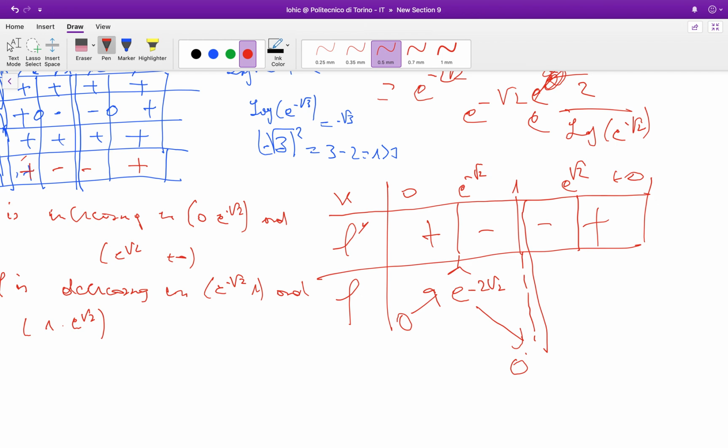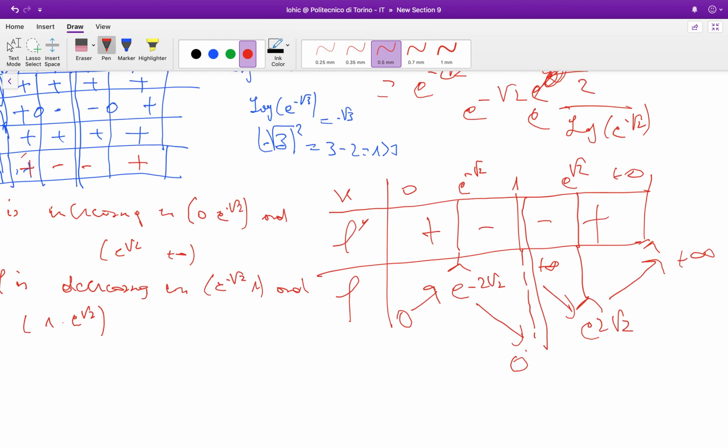Exponential of root 2. Okay, so I was saying that the limit at 1 plus, we got plus infinity, right? And from plus infinity you decrease to exponential of 2 root 2. And then from exponential of 2 root 2 you increase back to plus infinity. Is that clear?